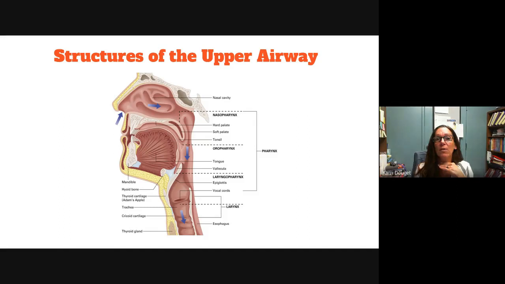Remember, the cutoff is my cricoid cartilage, which is roughly about where my vocal cords are. Anything above that is upper airway. Go back and look over this to be able to remember structures. Remember that anything that ends in pharynx is basically like a living room. It's a shared space. So nasopharynx, all your nasal passages go to that back living room, and so on.